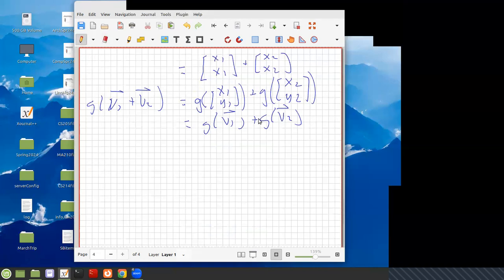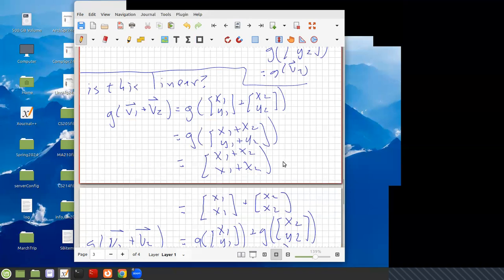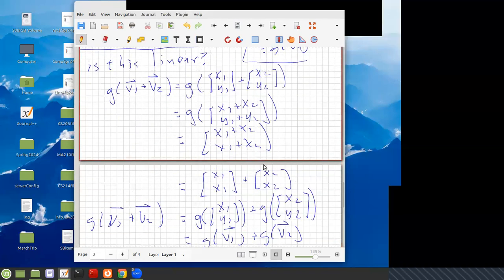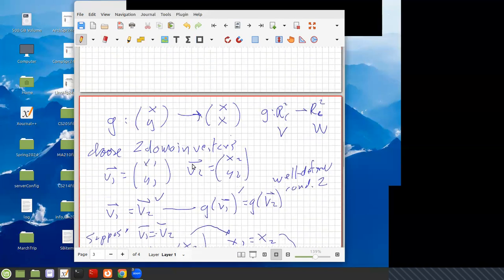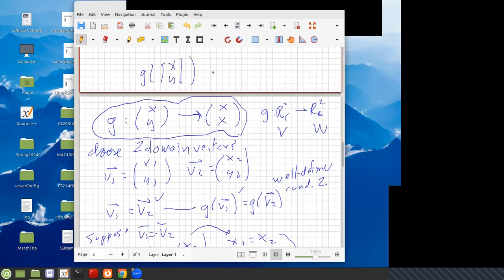I'm only a little confused about why the Y's are turning into X's. Oh, okay. Because that's the original property of the map, right? The weird property of the map is that G of X, Y equals X, X. Okay, I just wanted to be sure.